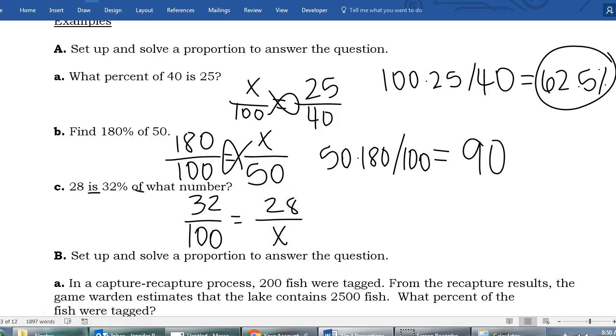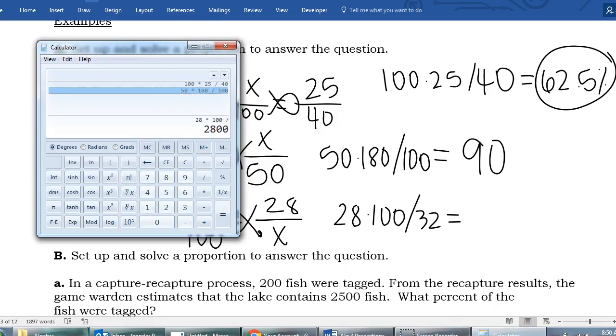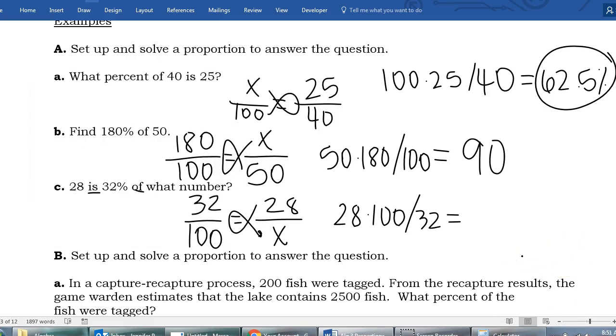And of, next to a what, means my variable is the whole. So now I can cross multiply and divide. That would be 28 times 100 divided by 32, which gives me 87.5. So 28 is 32% of 87.5.